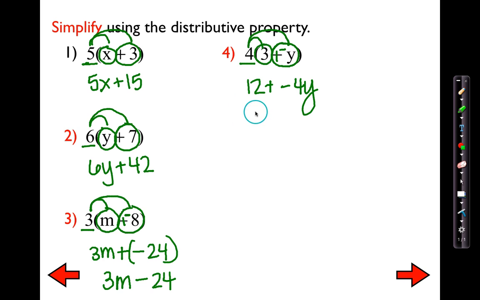You don't have to, but it's good practice to always write the variable term first. So that is a negative 4y. And then I'm just going to add that to the plus 12. And there you have it. So please note when it's subtraction, we want to remind ourselves I'm going to add the opposite, and everything else is just the same.